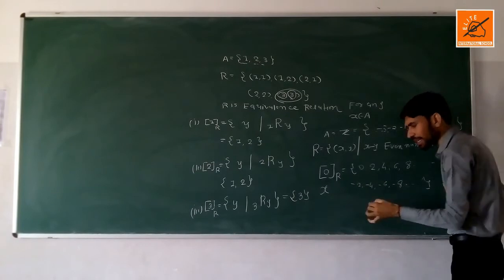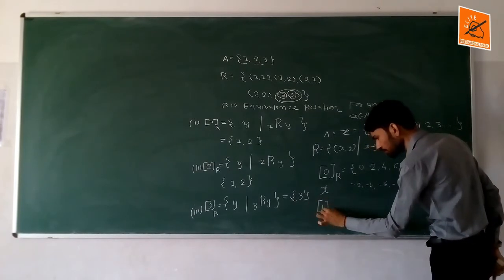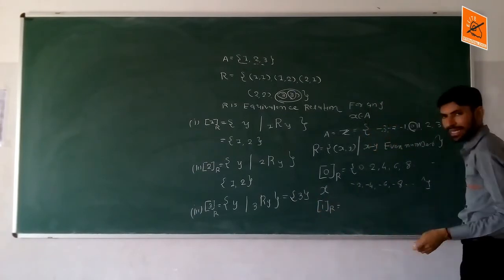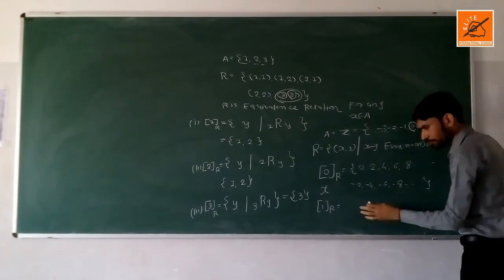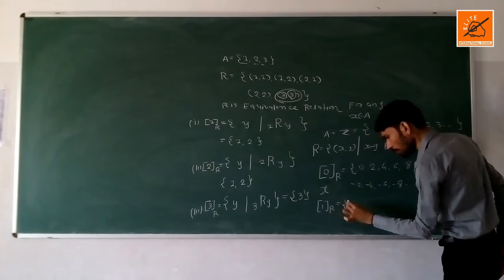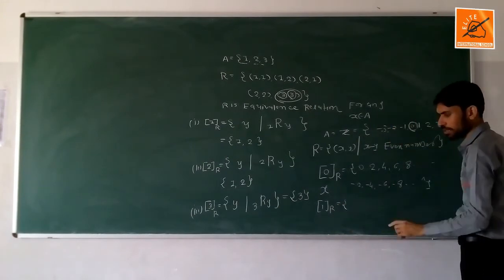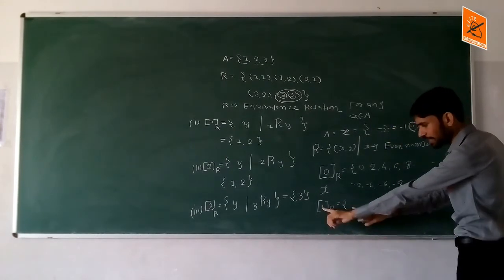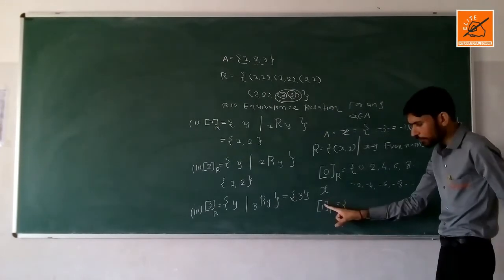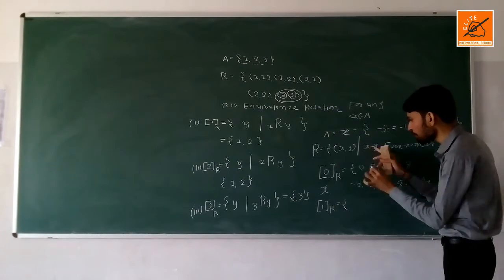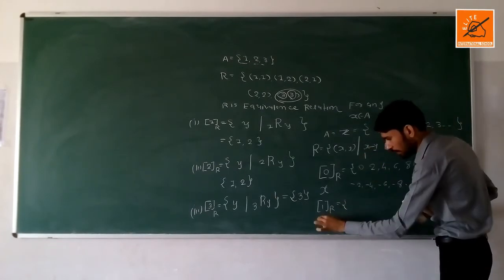Now we write the equivalence class generated by element 1. You can write the equivalence class generated by any element of this set. This set contains those elements which are related to 1, so our x is fixed; x is 1.